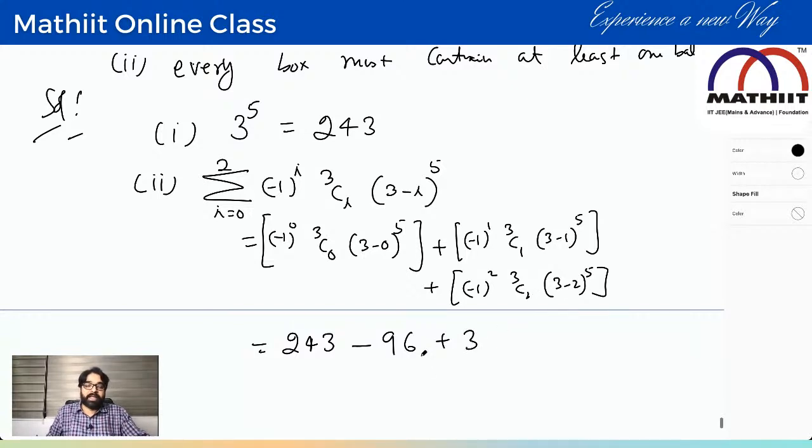So this will become minus 93 plus 243, which is 150. 150. Is it clear? Is this clear to everybody? Everyone understand?